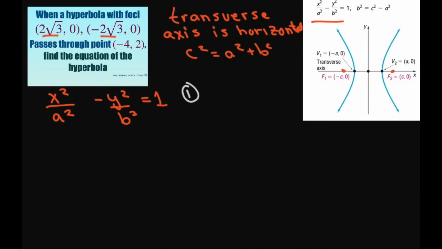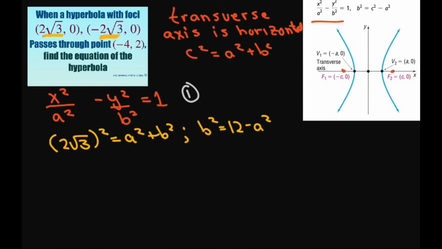So therefore, we're going to get our c is 2 square root of 3, or you can take the negative, but we're going to square it anyway. So let's just take the positive: 2 square root of 3 squared equals a squared plus b squared, or we can write this as b squared equals 12 minus a squared. And we'll call this one equation 2.